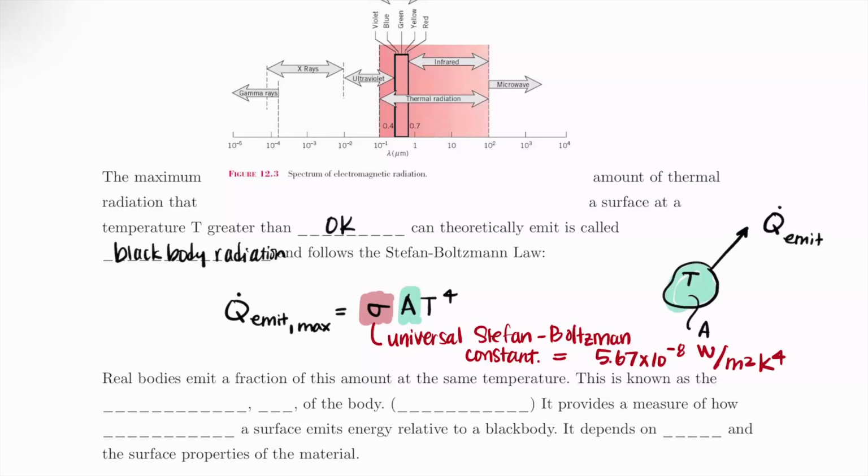And then our temperature is the temperature of our body in an absolute scale. All right, so our constant is per degrees Kelvin, so this has to be the absolute scale temperature. So this is the temp of the body in absolute scale.